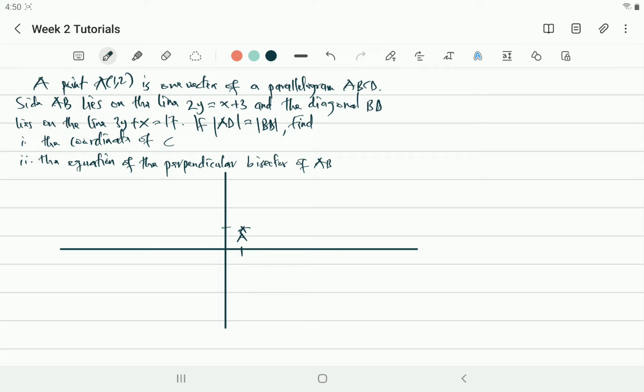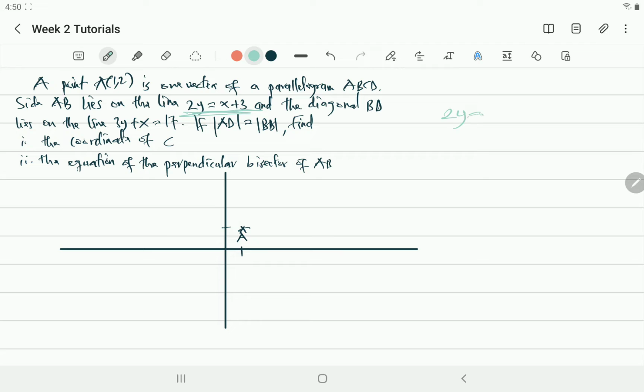We are also told that the side AB lies on this line here, 2y equal to x plus 3. So we have to draw that line, and usually, like I say, we can easily use the intercepts of the line to draw it.